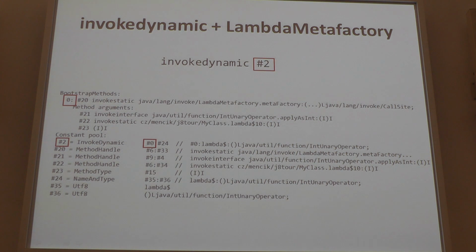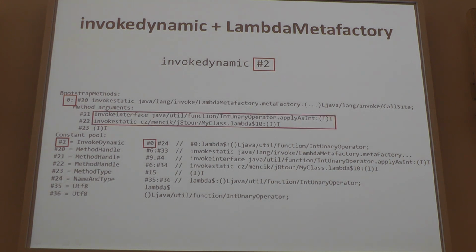And here we see that #2 is invokedynamic #0:#24, and #0 is a reference here, and it tells that 0 is a bootstrap method in java.lang.invoke.LambdaMetafactory, the metafactory class and the metafactory method, and it returns something that is called a CallSite. That's also something defined in java.lang.invoke, and it's basically something that can invoke method calls.